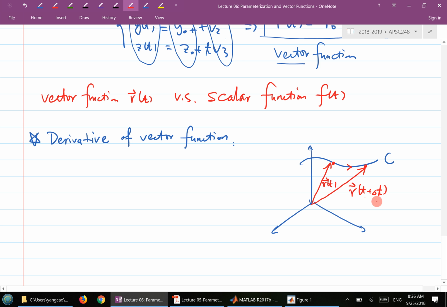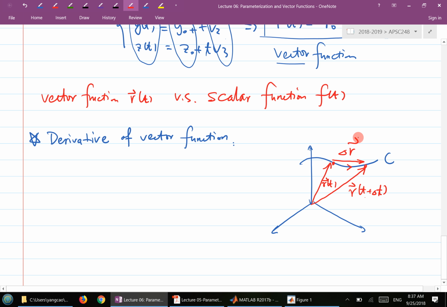Then apparently I can construct another vector between these two points. So you have the initial position vector and the final position vector, and the difference between these two gives us the so-called difference, delta r.